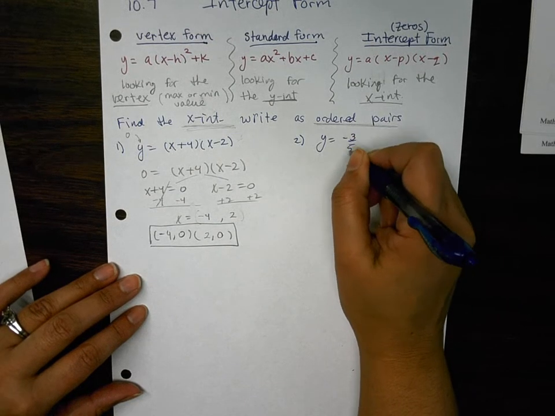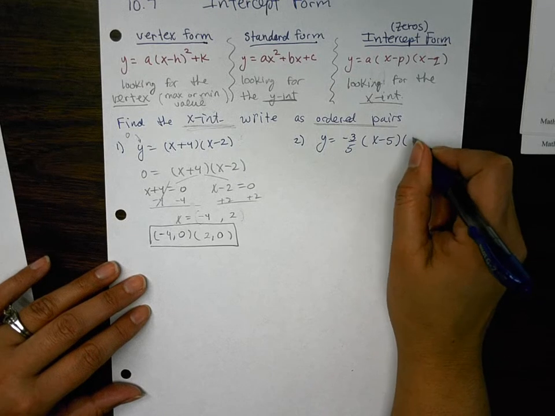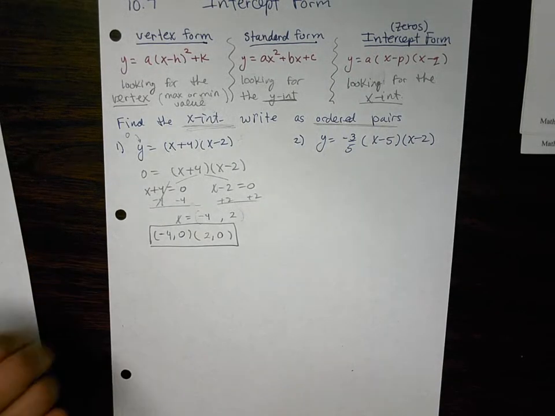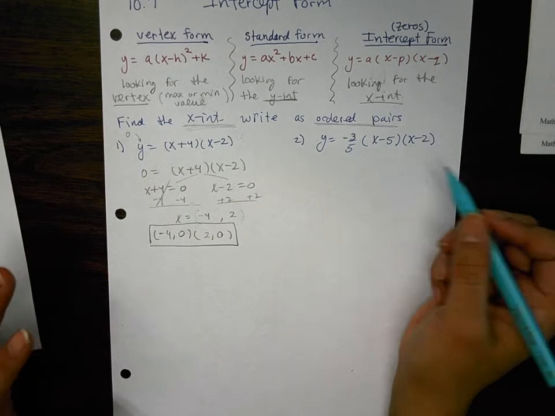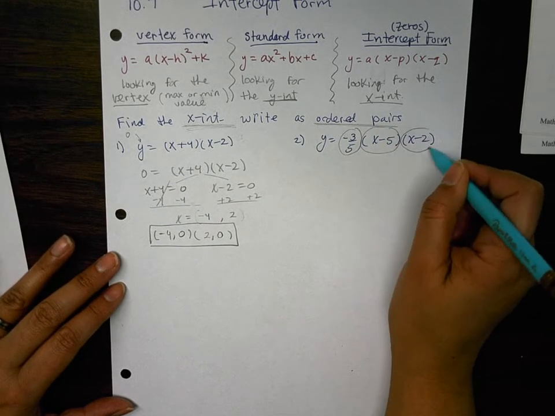Okay, number 2. Y equals negative 3/5 times x minus 5 times x minus 2. Okay. Now I have three factors.